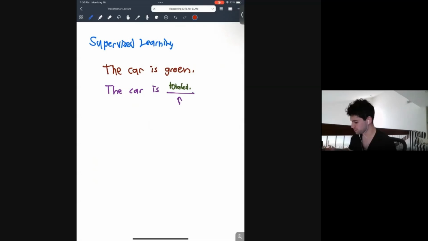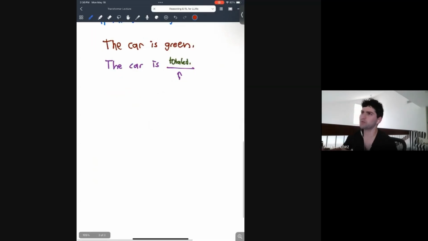In supervised learning, the way we grade a model's response is very simple because we have a ground truth. Our model outputs the car is totaled, so it has some distribution across the vocabulary size, right?